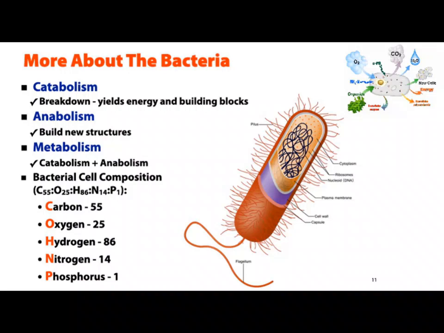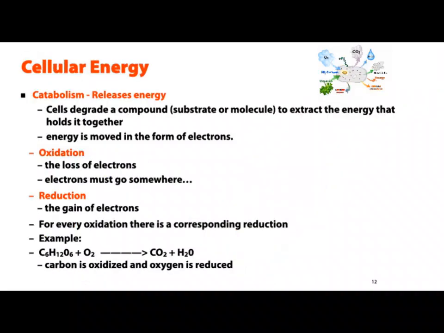If we're building bacterial cells, then let's remember that they have a chemical composition. There's carbon, oxygen, hydrogen, nitrogen, phosphorus in all the bacterial cells. And so when we're looking at biological nutrient transformations, part of that is just the fact that you're growing something that has a place to put all of those atoms.